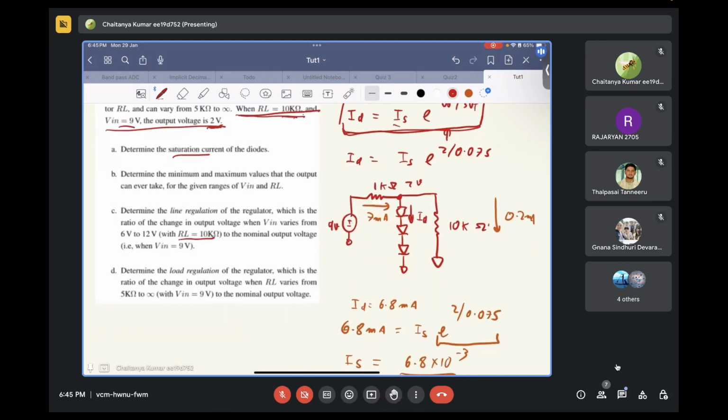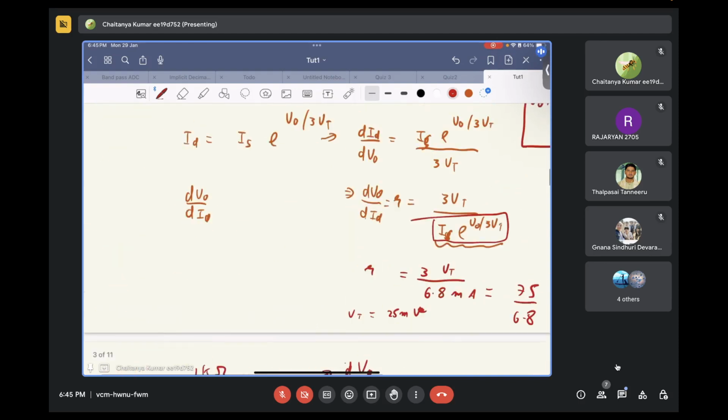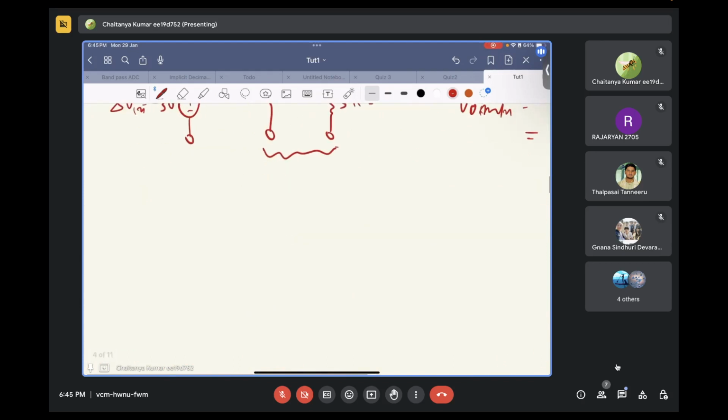So load resistance is given as 10 kilo ohms, and when you have V in of 9 volts, you know the output voltage is 2 volts. So in this case, what you need to find is that your input is varying from the V in naught of 9 volts, plus minus 3 volts, that is from 6 volts to 12 volts.